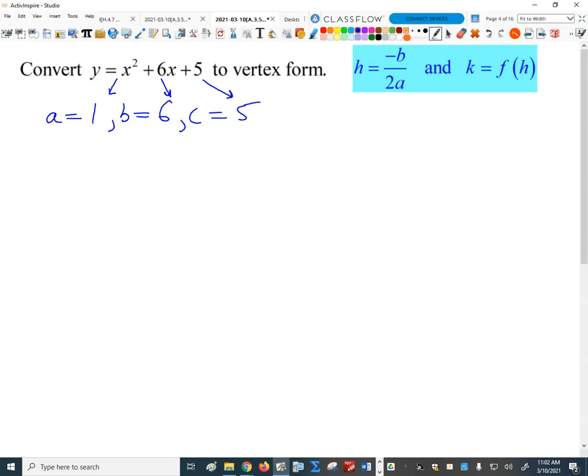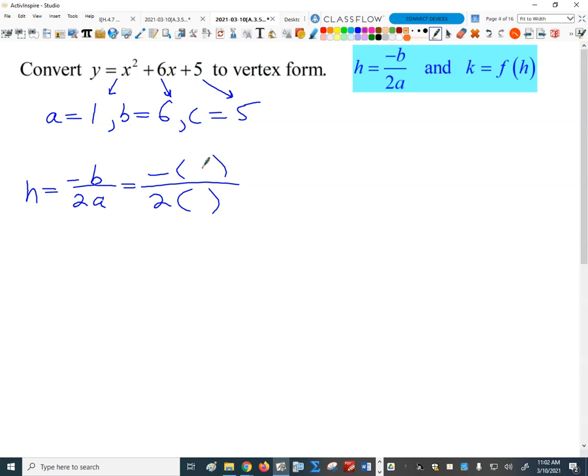Okay, everybody. Oh, I guess I already gave you the formula here, so that's not going to have you write that down. There's my formula for calculating h. Negative b over 2a, right? And so I'm just plugging in values for b and a, right?